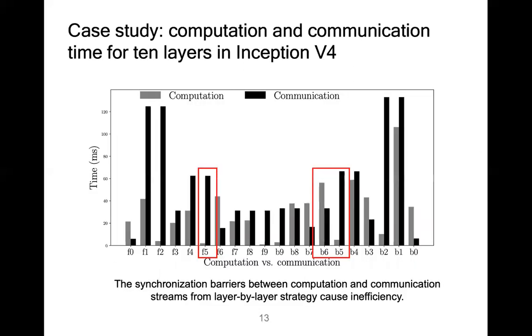To demonstrate this issue, we ran Inception V4 and profiled the computation and communication time from 10 layers. From the profiling information, we can see that the computation time for layer 5 is much smaller than the communication time. However, in the forward pass, it is not necessary to wait for the completion of the offloading operation.